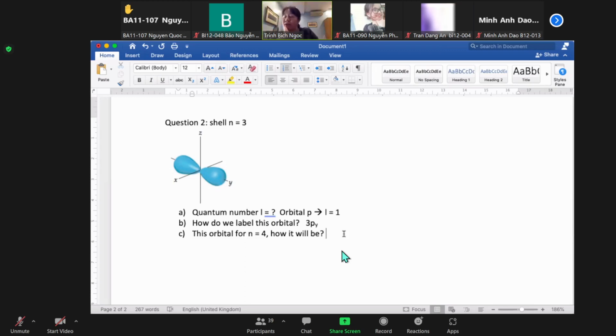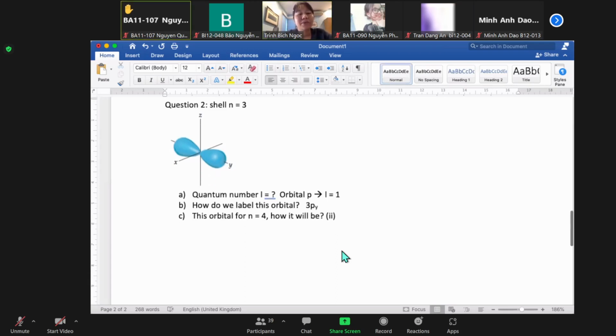So I choose number 2. Okay, correct. So for the shell n equal to 4, it will be drawn larger. Correct. Thank you.